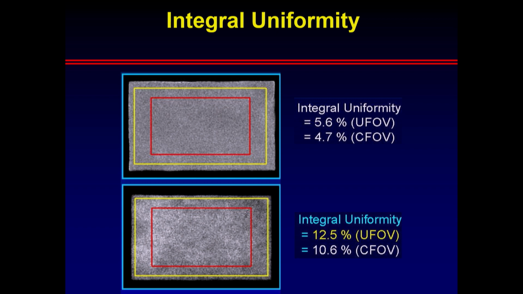That's pretty good. Look at the one on the bottom. I mean, even if you have an untrained eye, you can see that there's a lot of variability in terms of the brightness and the darkness of that crystal. And you're talking about 10% and 12% differences in uniformity, which would really degrade your image quality when you went to create your image.